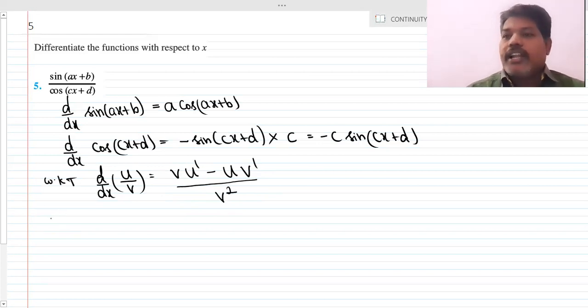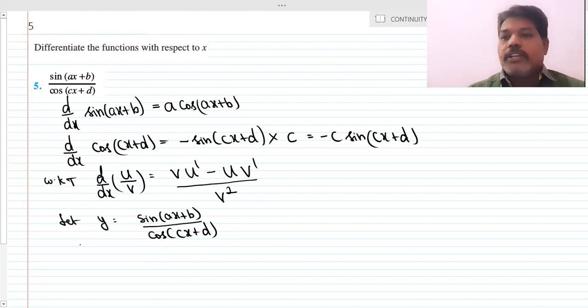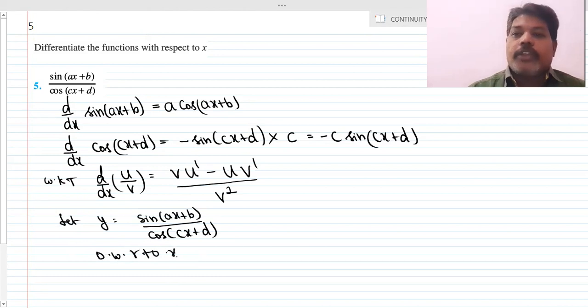So here, let the given problem I am going to take be: let y is equal to sine of ax plus b by cos of cx plus d. Differentiate with respect to x.